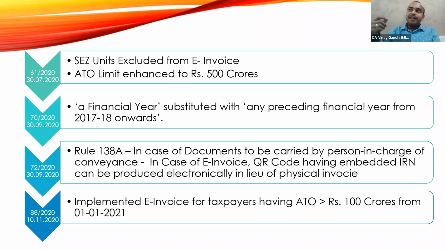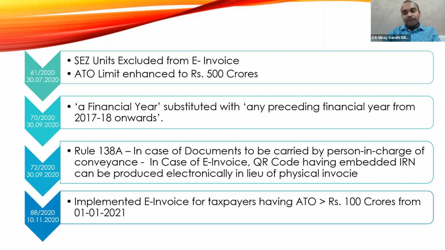So for example, if my turnover in 17-18 is, let's take an example, 510 crores, and in 18-19 it is not 510, but 490. And again in 19-20, let's say it has become 440.